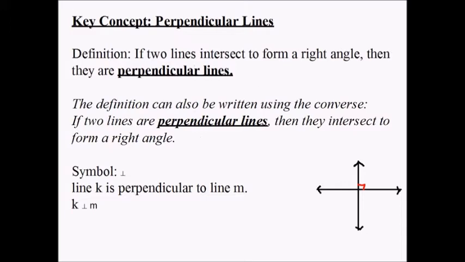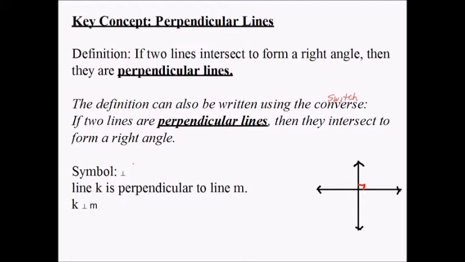So this statement is true. The converse is also true. And look what happened. I said converse. Converse is when you switch the hypothesis and the conclusion, you switch the if and then. So instead of saying this if, then we switch it. We say if two lines are perpendicular lines, then they intersect to form a right angle.